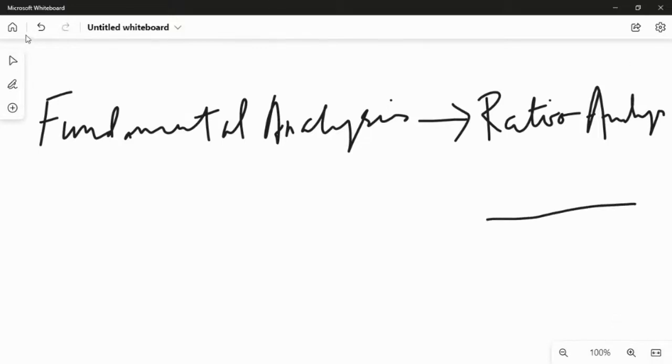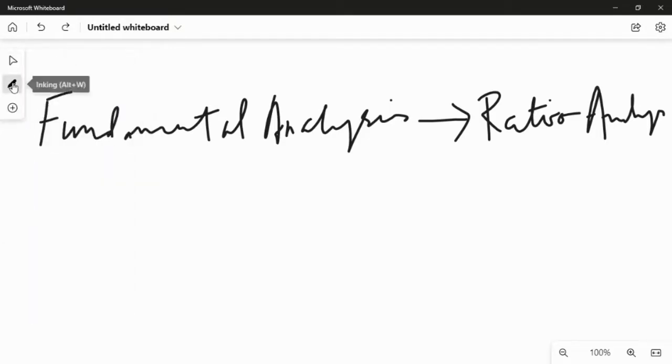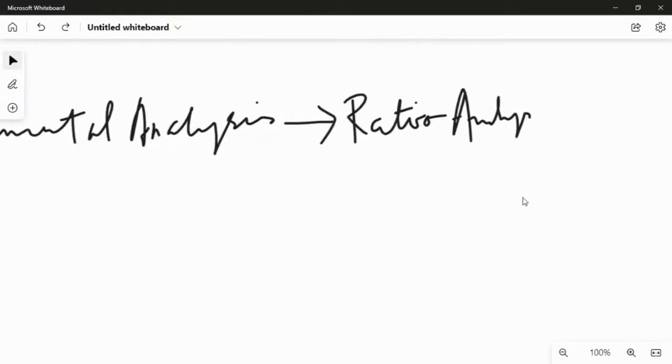How do I? This is giving me a headache. Oh, exit ink mode.